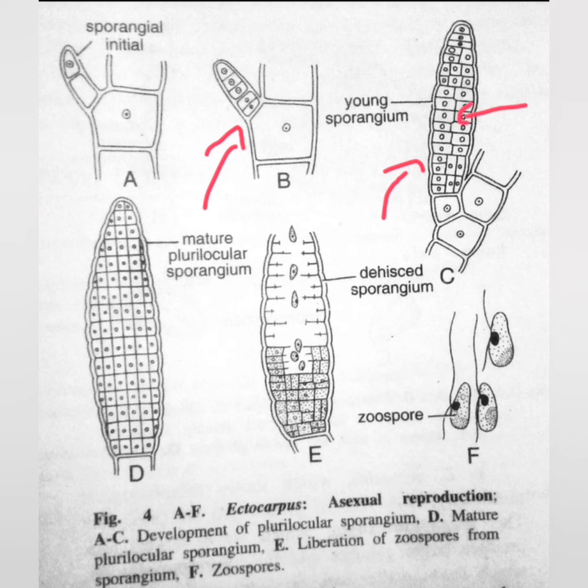You can see these are the cubical cells formed due to the division of the sporangial initial. And these cubical cells, you can see here, are arranged in the mature plurilocular sporangium. You can see they are arranged in definite tiers, in definite rows. And this multicellular structure is known as the plurilocular sporangium.